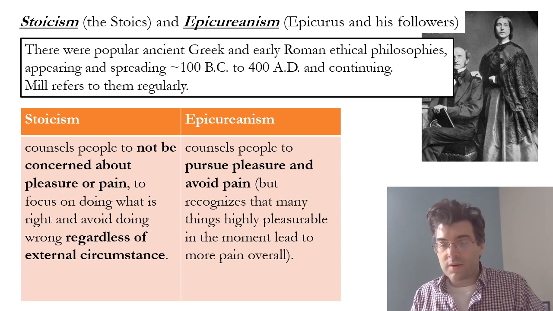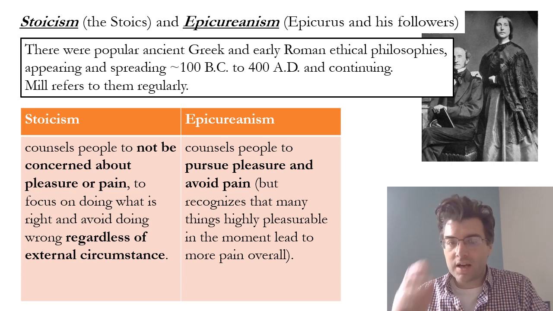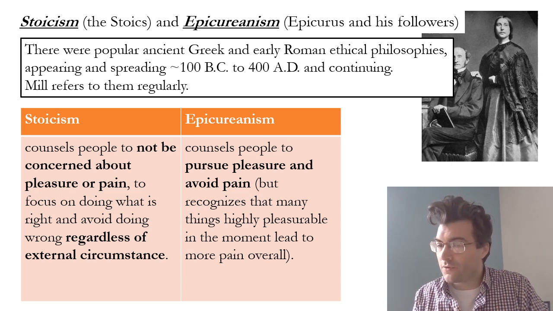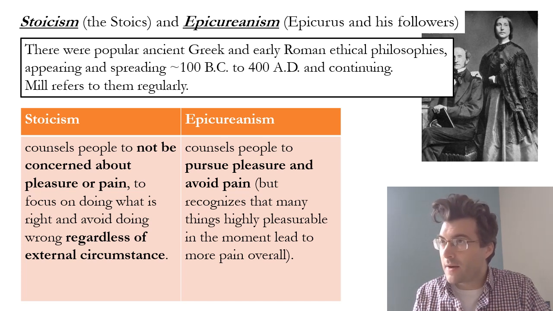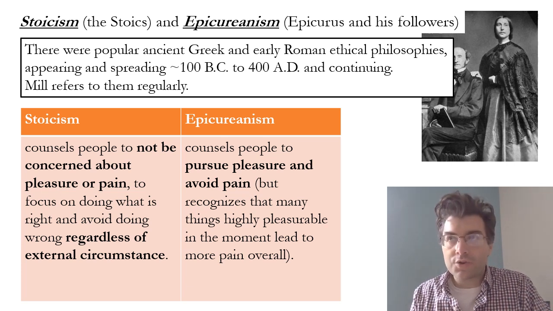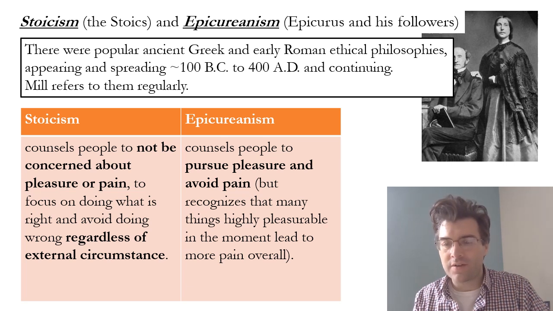So that was Epicureanism. One slight qualification that I need to make to that description is that the Epicureans recognized that a lot of things that are very pleasurable in the moment, like for instance drinking or sex or drug use and so on, are actually not the most pleasurable things in the long term, that they often have serious painful consequences.